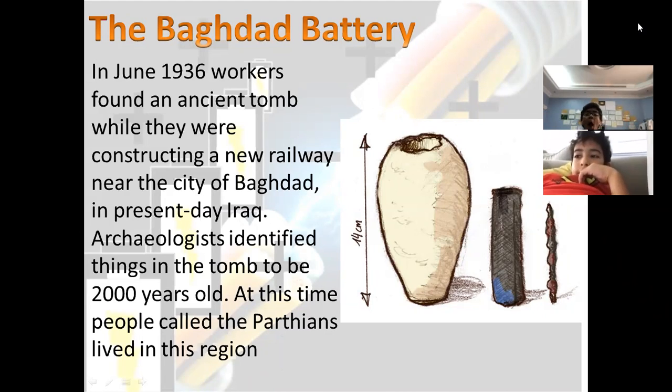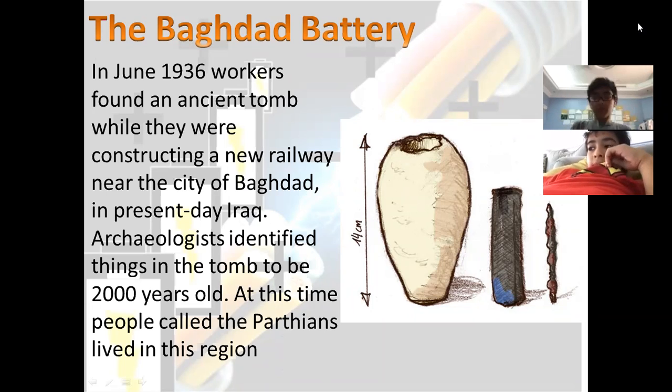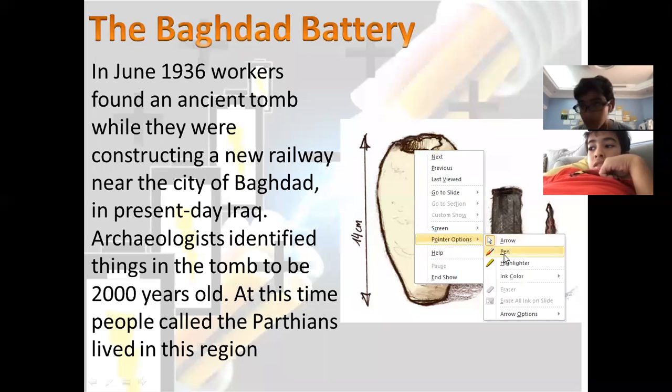So back in 1936, people were trying to make a new railway track in the city of Baghdad, which is in Iraq. While they were constructing the railway, they found a big, very old ancient tomb. You can see this object, it's about 14 centimeters tall, in the picture on the right side. Let me grab my pointer.